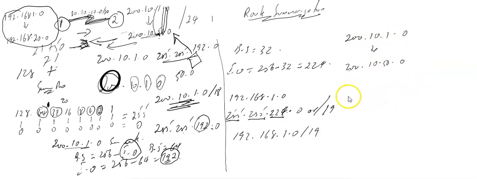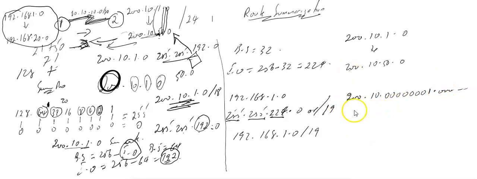For instance, converting 200.10.1.0 to binary, let's see, 1 will give me 0, 0, 0, 0, 0, 0, 0, 1, in 8 places, dot 0, 0, 0. You understand what I mean?